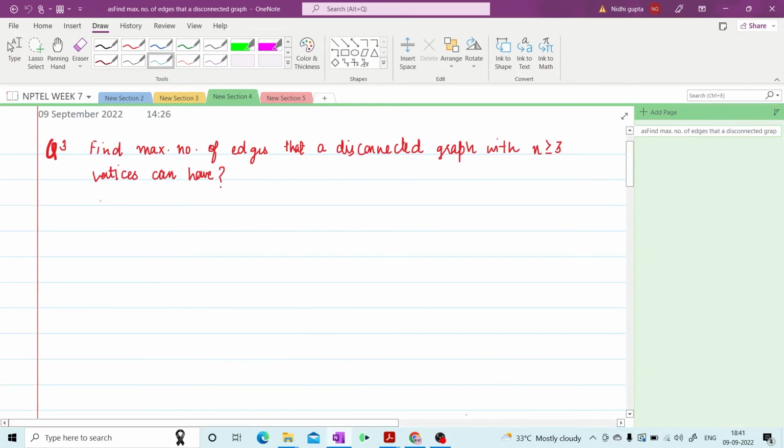So our next question says, we have to find the maximum number of edges that a disconnected graph with n greater than or equal to 3 vertices can have.